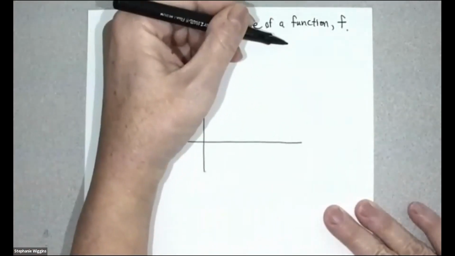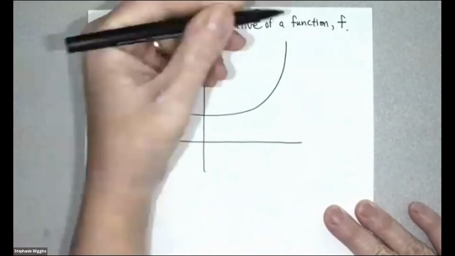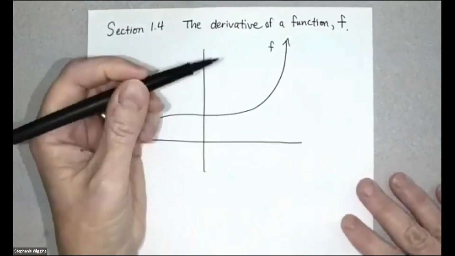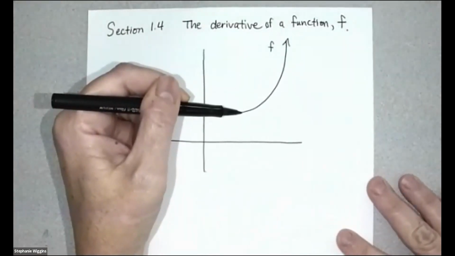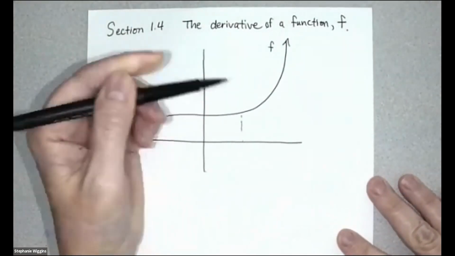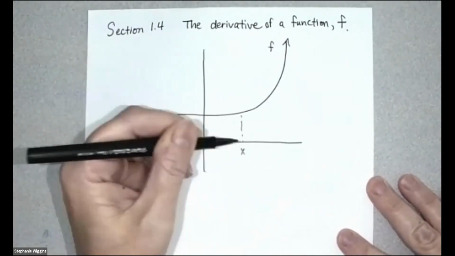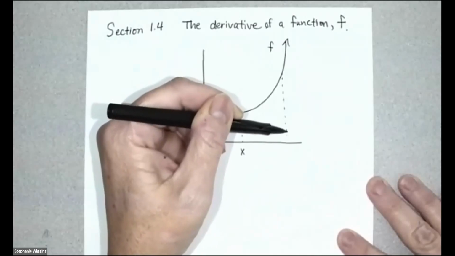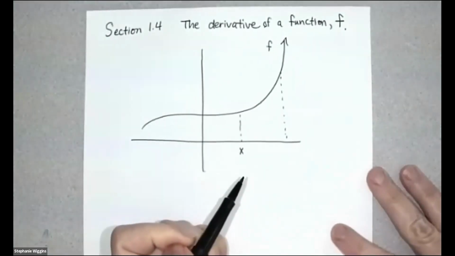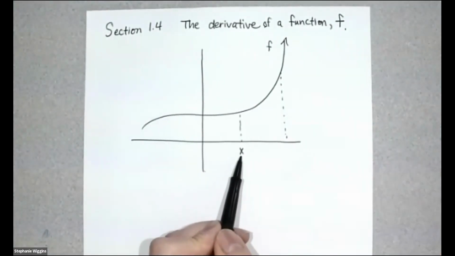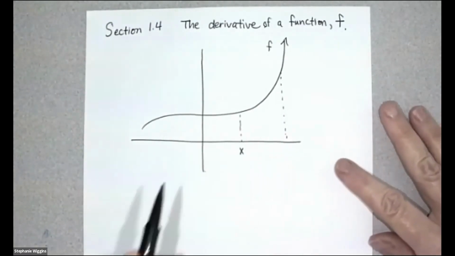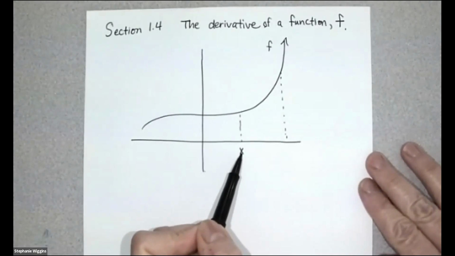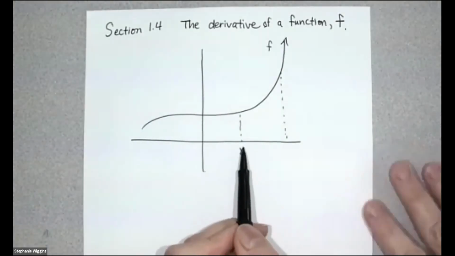We're going to use the notion of average rate of change. If you'll recall, we talked about that. The average rate of change from a point X to another point. When I discussed average rate of change, I used the labels X1 and X2, but you can also think of it as some variable X and then a distance.